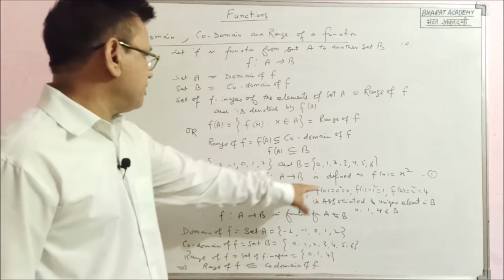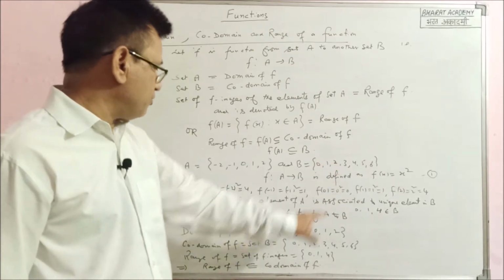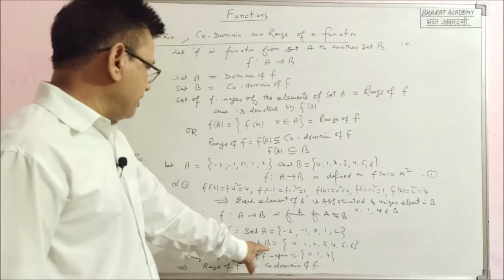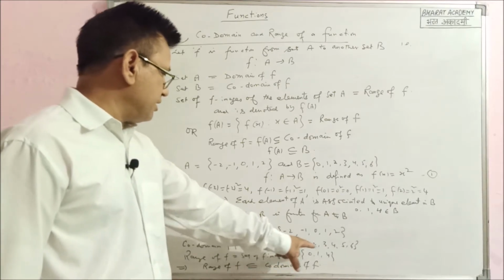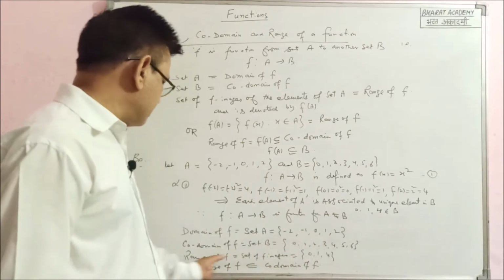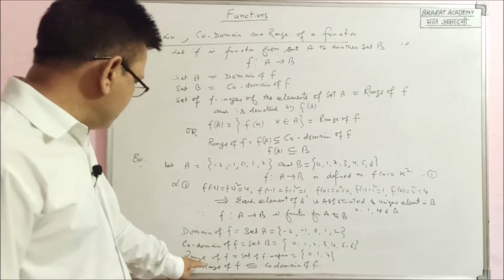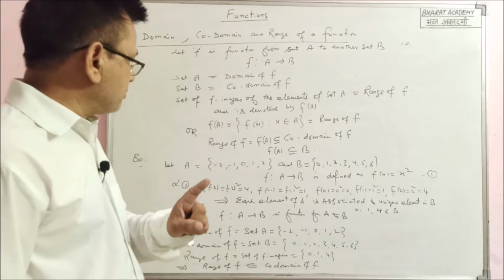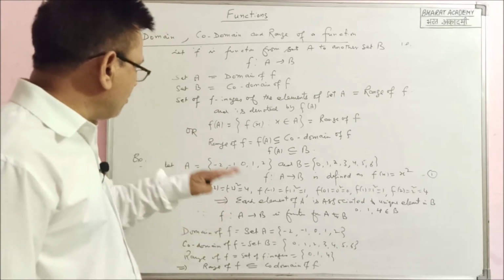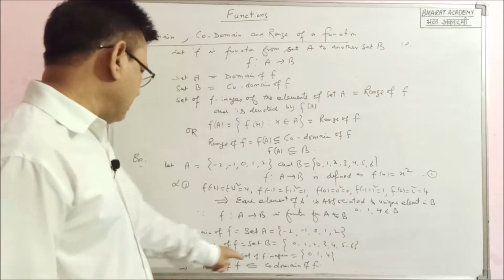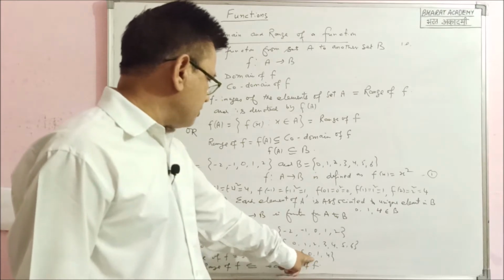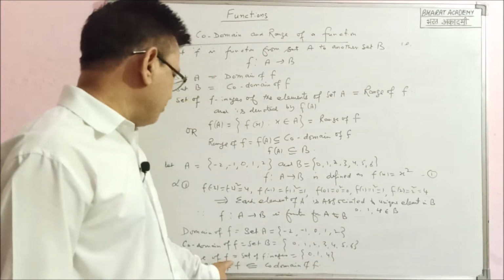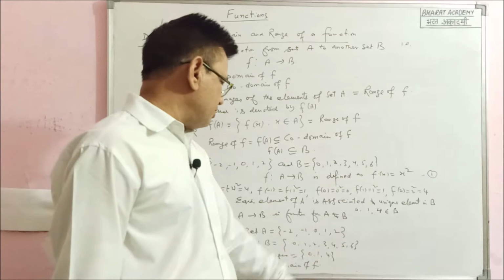Set B is given as 0, 1, 2, 3, 4, 5, 6. This is your codomain. But the range of the function is the set of all the f images of all elements of set A. These are 0, 1, 4. The range of f will be the set containing 0, 1, 4.